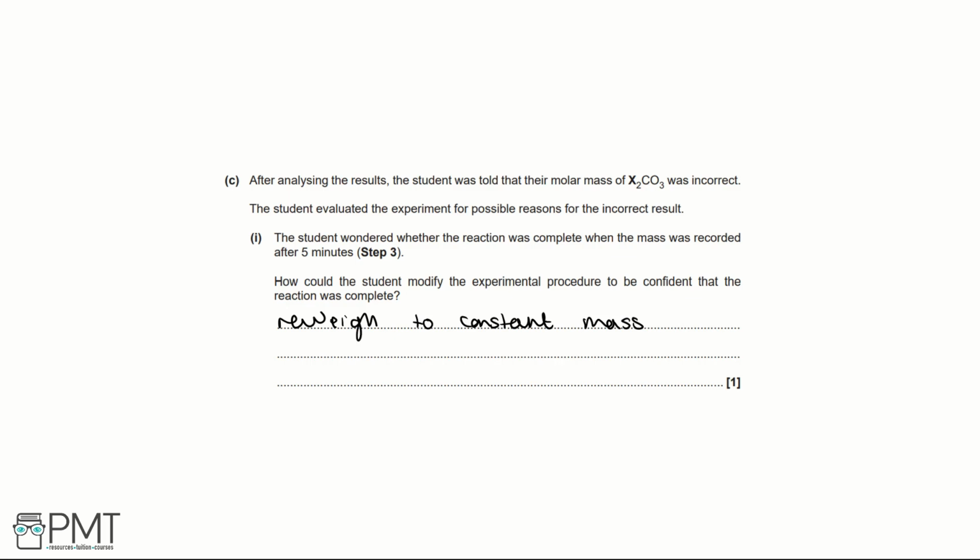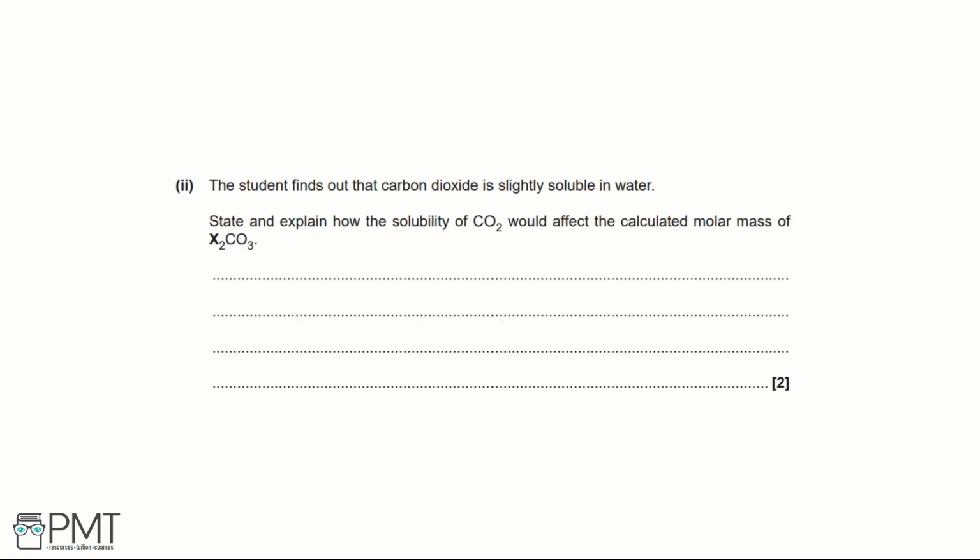To get the mark for this question, you need to write this statement: reweigh to constant mass. Part 2. The student finds out that carbon dioxide is slightly soluble in water. State and explain how the solubility of CO2 would affect the calculated molar mass of X2CO3.